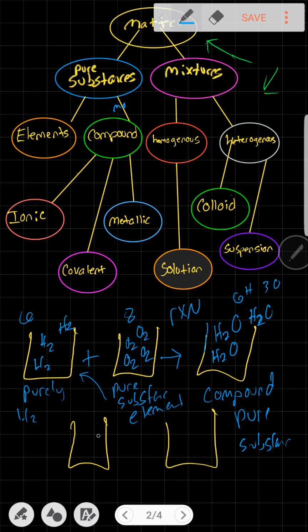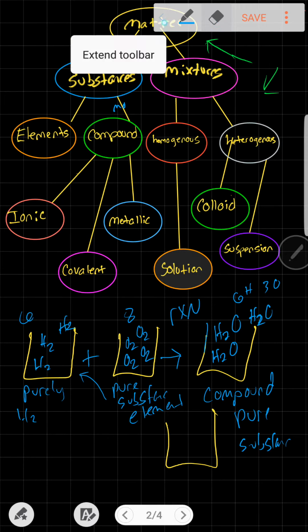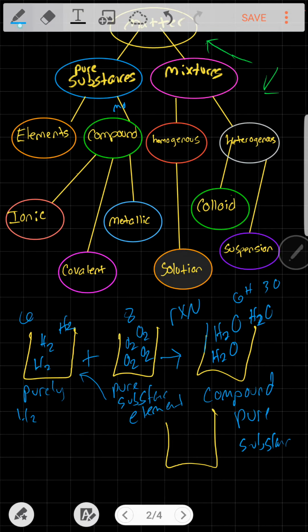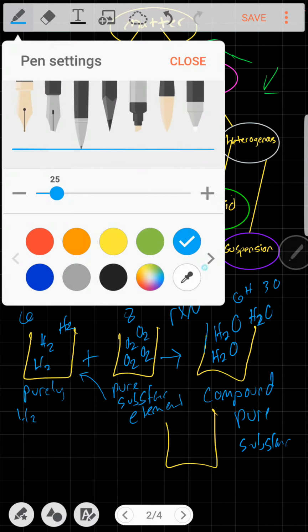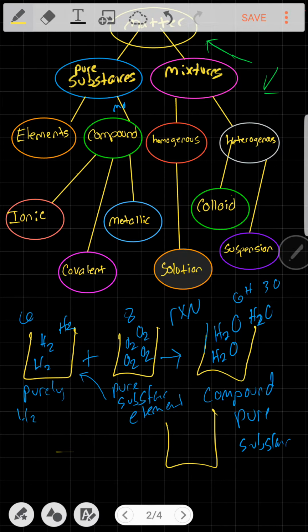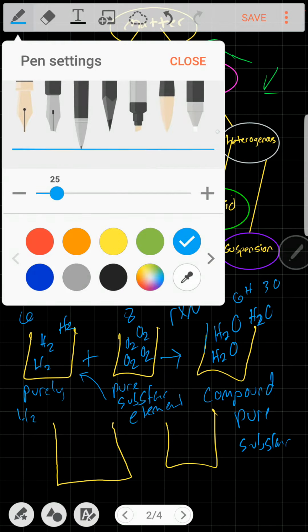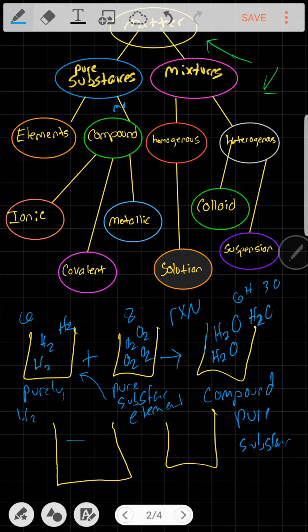So I'm going to go ahead and draw my canister again so I can make it fit better. So here's a bigger canister. I'm going to draw my 3 waters, H2O, H2O, H2O.